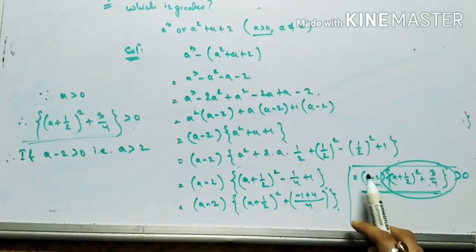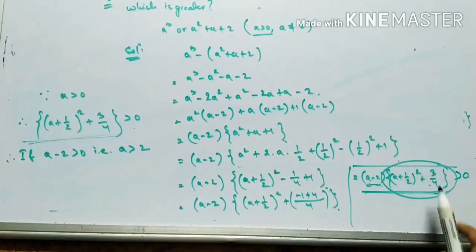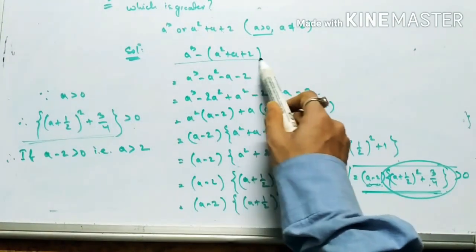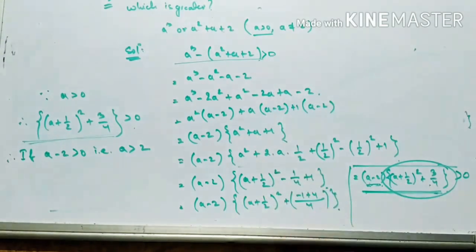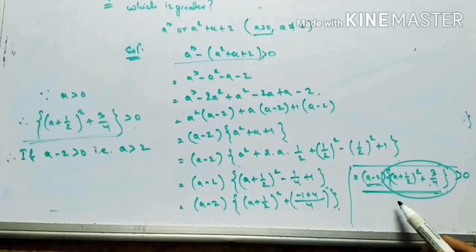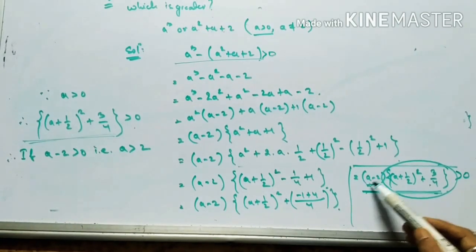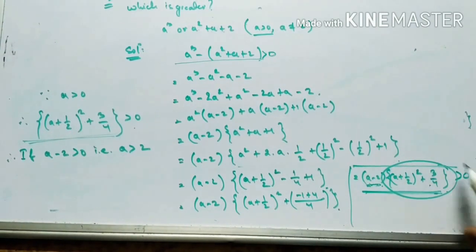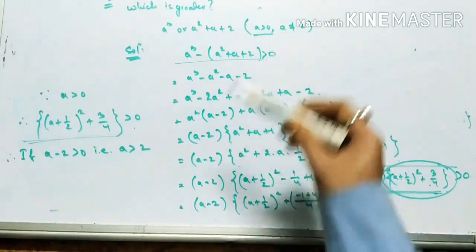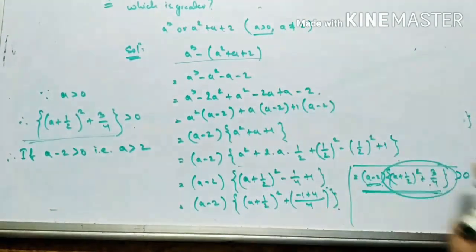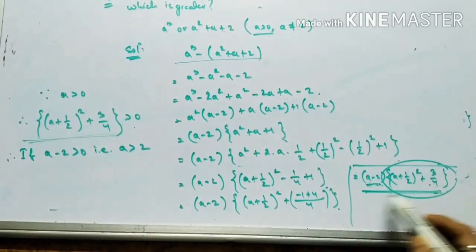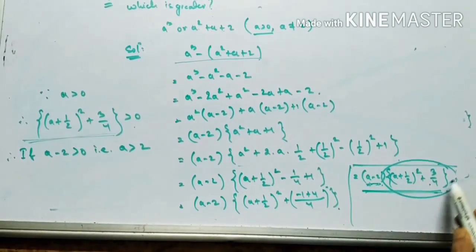But if a minus 2 is less than 0, it is a negative number, and a negative number into a positive number will be a negative number. That means this whole thing will be less than 0. Understand?